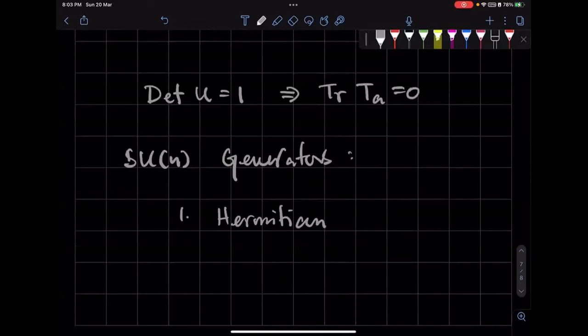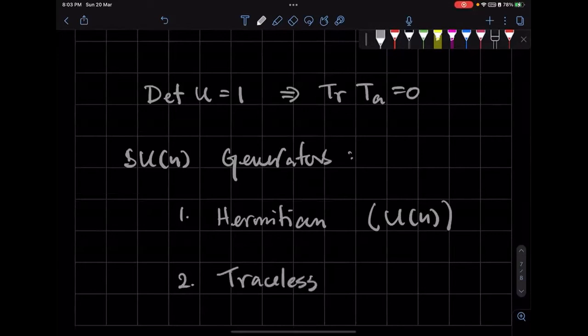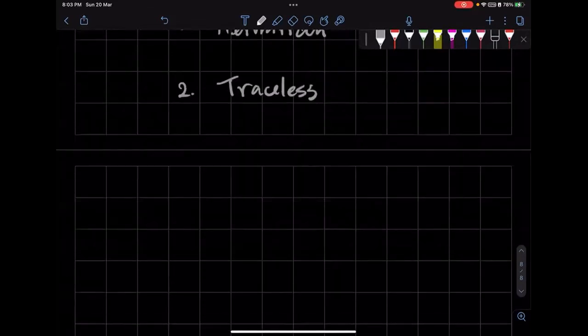So, for UN, and number 2, that they are traceless. So we can see that UN is going to be the bigger thing. SUN will be some subgroup of UN, right?